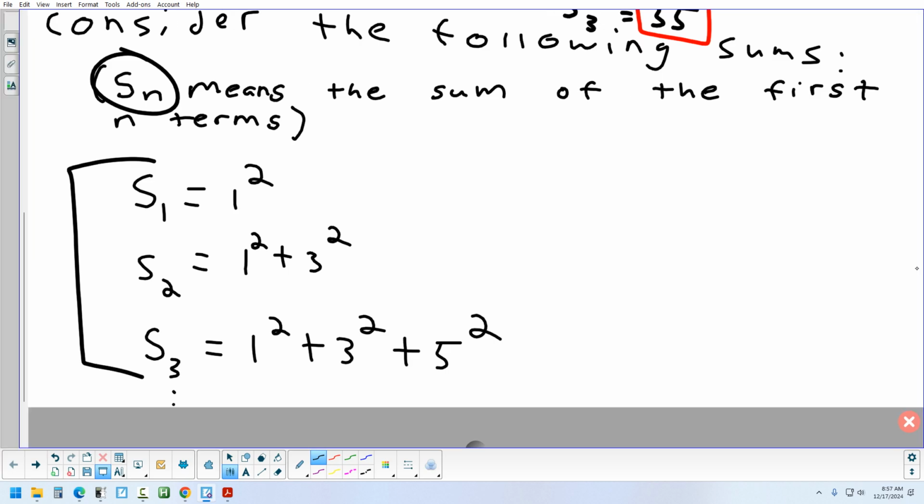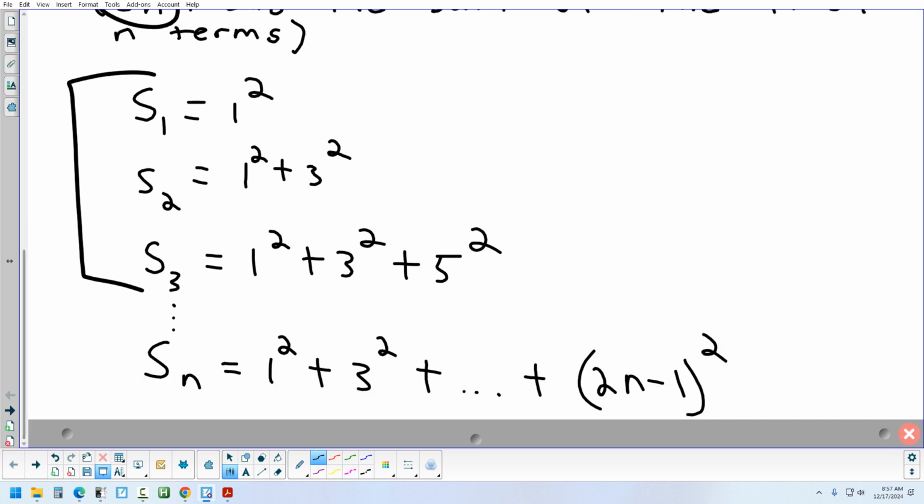Okay. Let's see. So, in general, this last one is what do you get if you add up the first n terms? This is the first 1 terms, first 2 terms, first 3 terms. That's the first n terms. So it's the first one, the second one, the third one, the fourth one, fifth, sixth, seventh one, all the way up to the nth term.